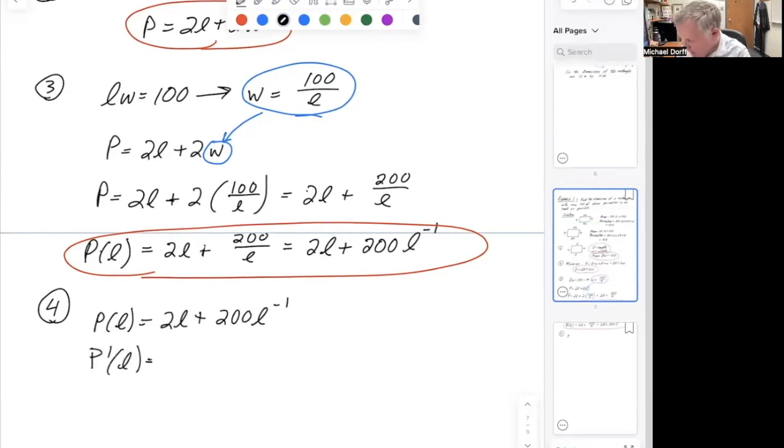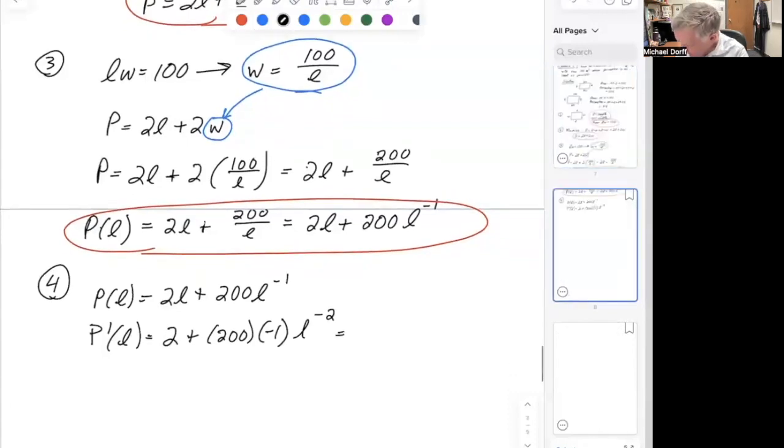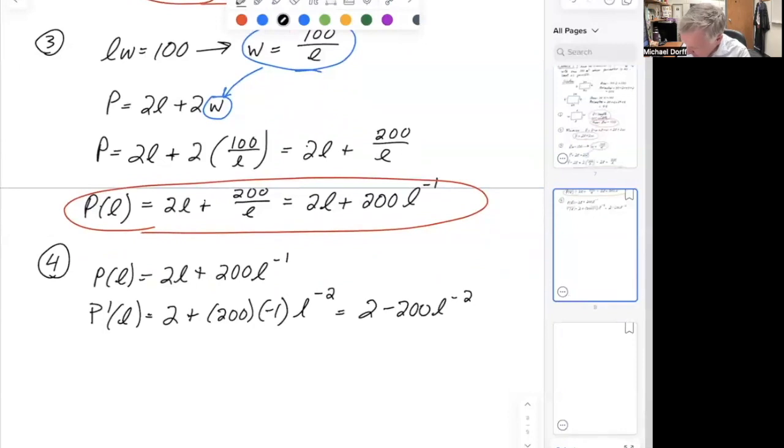The derivative of 2L is 2. For the derivative of 200 L to the -1, I bring the exponent out front by the power rule, so I get 200 times -1, then L, and I subtract 1 from the exponent, so -1 minus 1 is -2. I can write this as 2 minus 200 L to the -2, and to help solve it, I'll also rewrite it as 2 minus 200 over L squared.